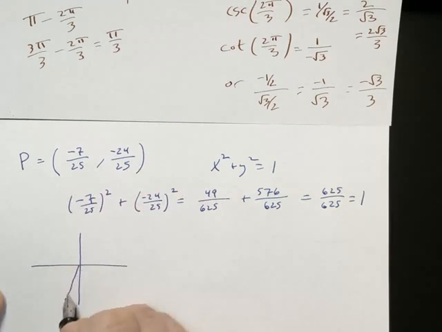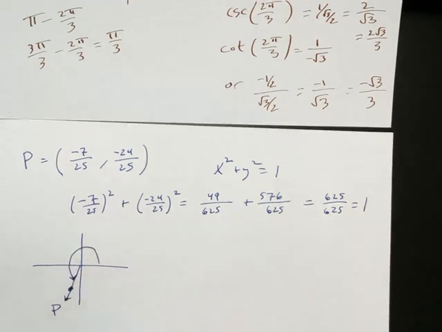So it's going to look like this for my point P. So I don't know what this angle is. We could call it anything you want. But if I give it a name, then I can use that name to do the sine, the cosine, and all the rest of them. So what do you want to call this angle? Theta.